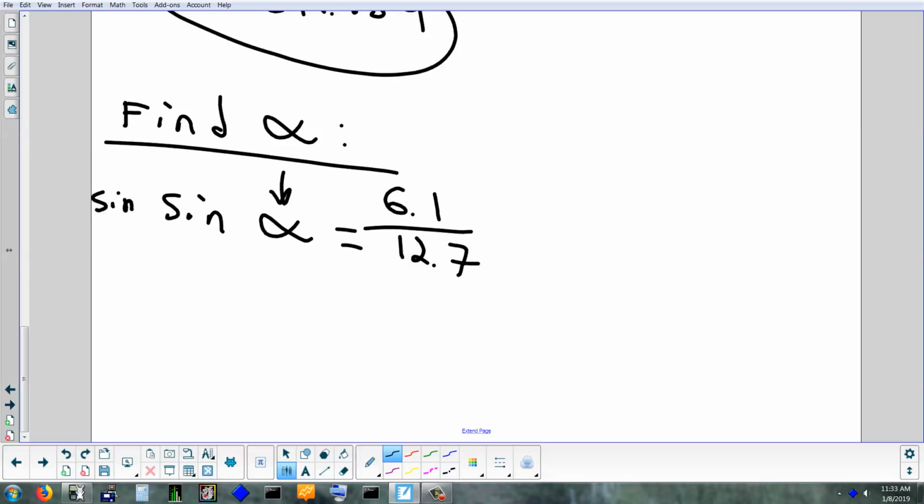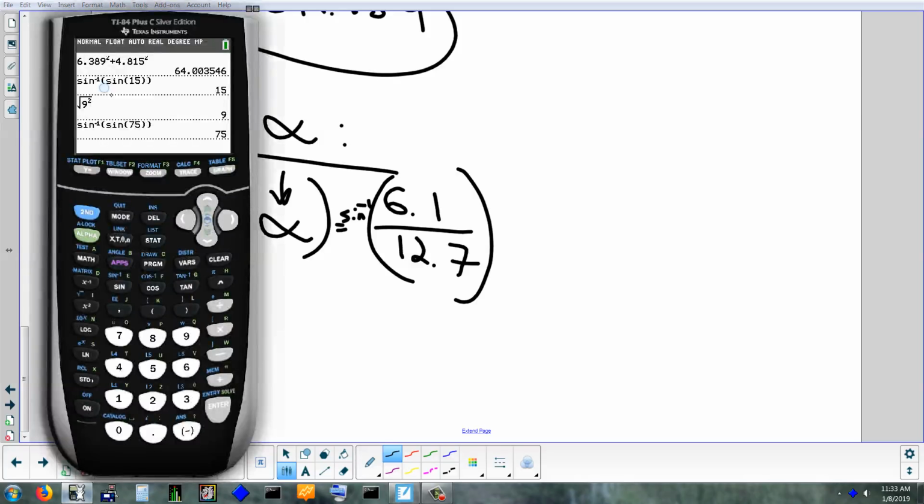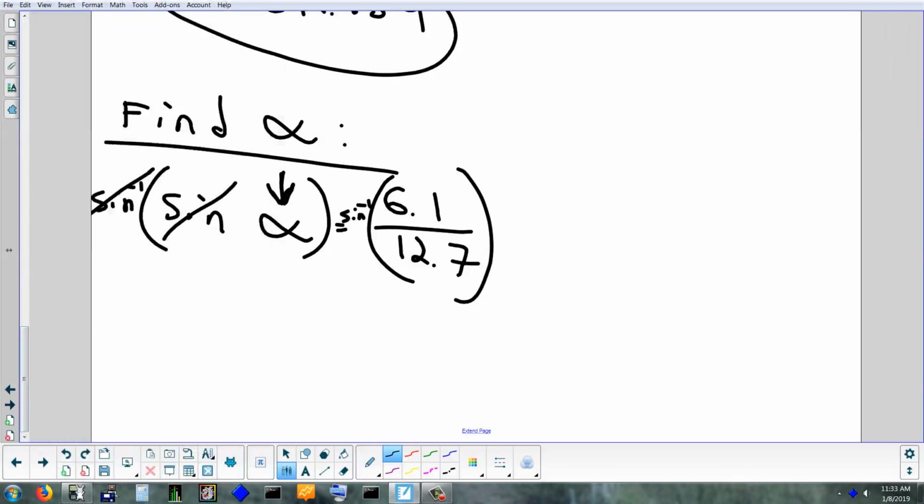Take the inverse sine of what's on the left. We are not multiplying. You can't multiply by words. You multiply by numbers and letters, not words. So take the inverse sine of what's on the left, and take the inverse sine of what's on the right. Inverse sine and regular sine cancel each other out, just like they did right here. So what you're left with is alpha by itself. And now how do you figure it out? Well, we type it in.